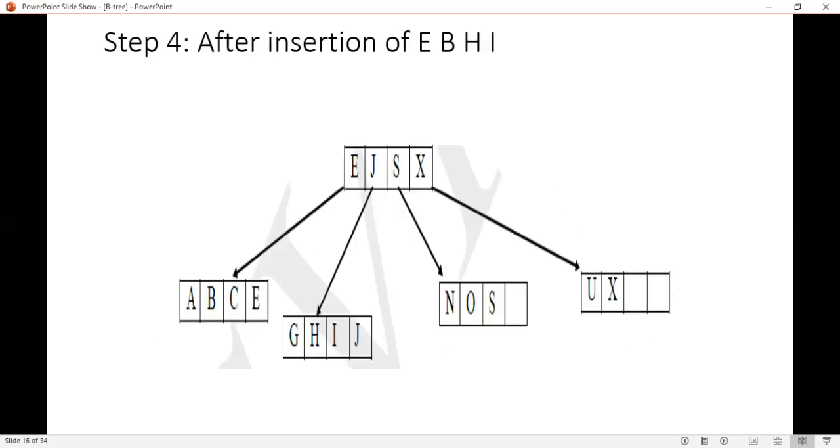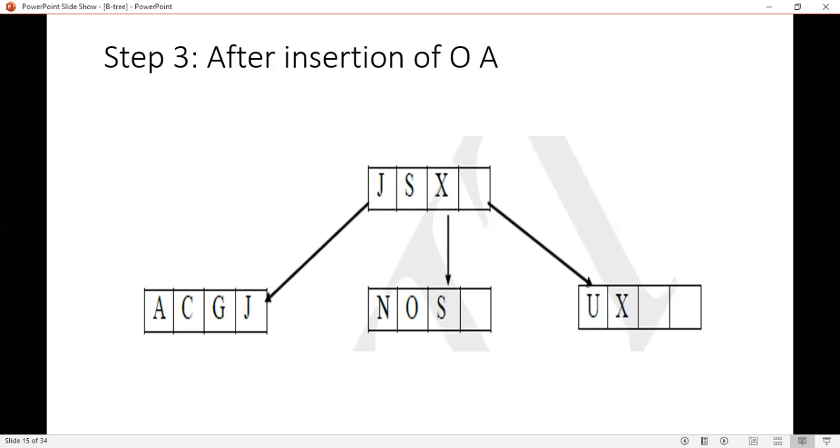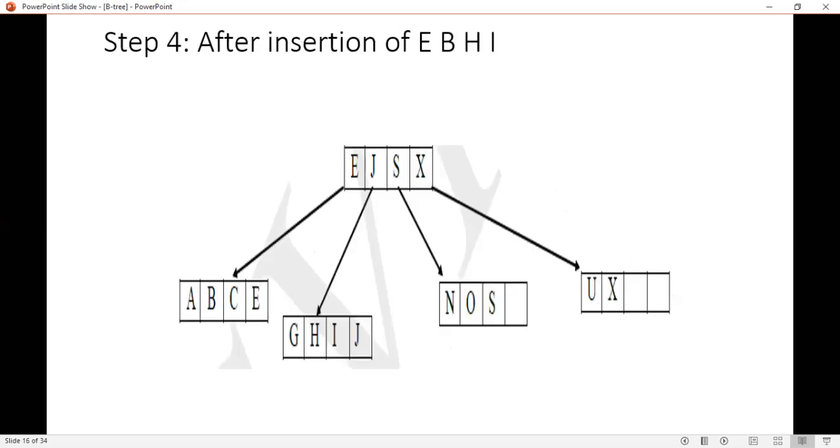Next, after inserting the next alphabet, that is B, where to insert B, you have the first node, that is initially after inserting E you will have only A, C, E, right, where you can insert B there, okay. Next you have to insert H and I, between G and J you can insert H and I there, okay.